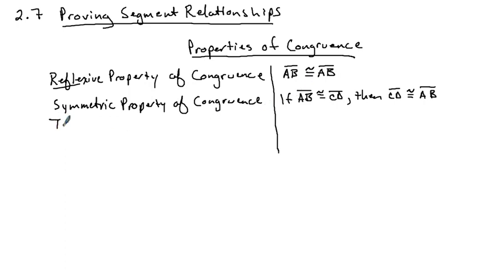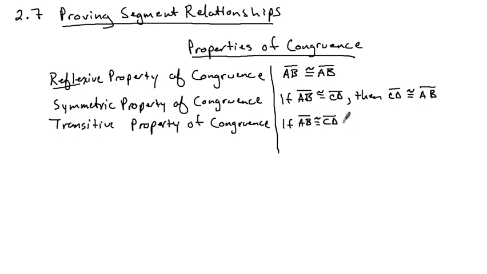All right, third one, transitive property of congruence. It says if AB is congruent to CD and CD is congruent to EF, then AB is congruent to EF.